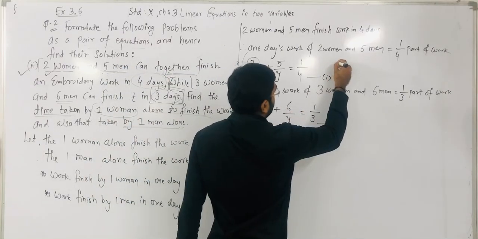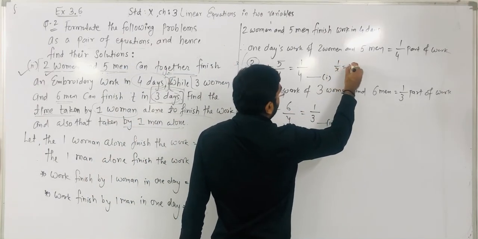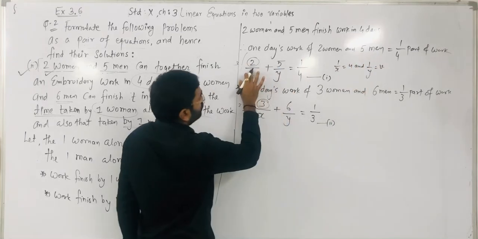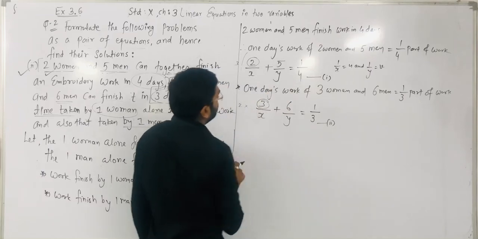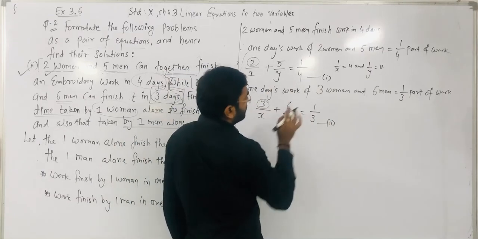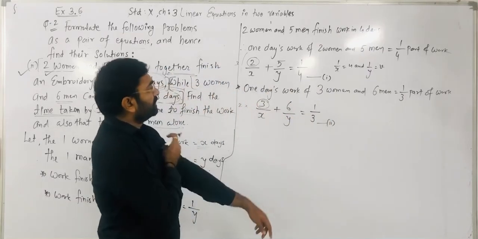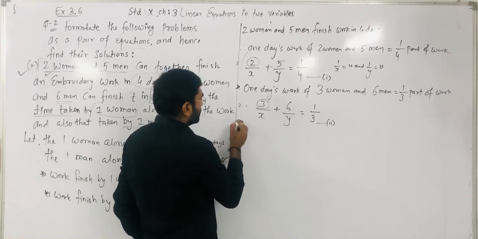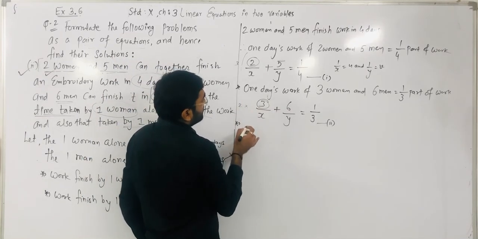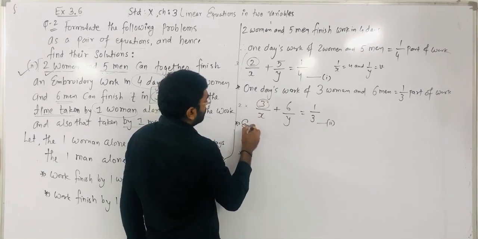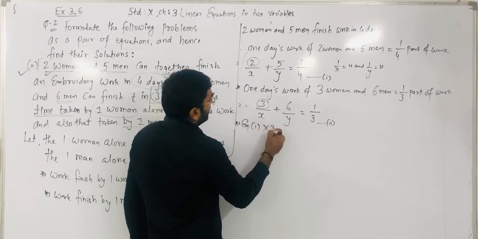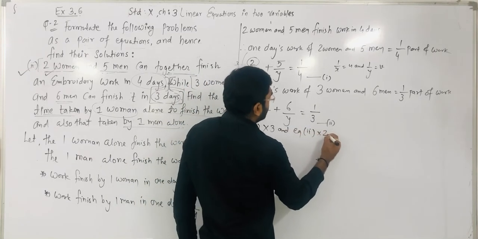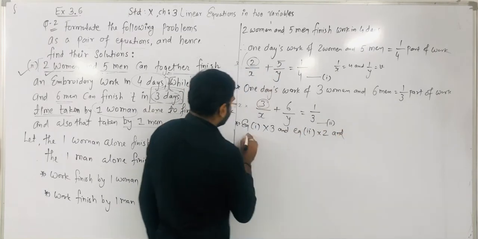You can take 1 by x equal to u and 1 by y equal to v and make the equations 2u plus 5v is equal to 1 by 4, 3u plus 6v is equal to 1 by 3, and solve both equations so you get your answer. Okay, here right now I am applying the elimination method, in which equation 1 is multiplied by 3 and equation 2 multiplied by 2, and we subtract them.